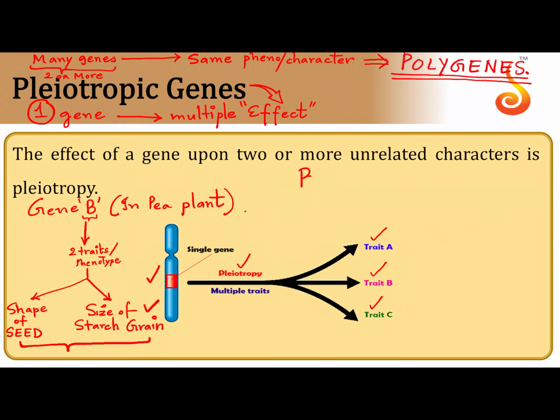So if there is a plant which is capital B, it will have round seeds, and it will have large starch grain. And if it is a plant which is small b, it has wrinkled seed and small starch grains.